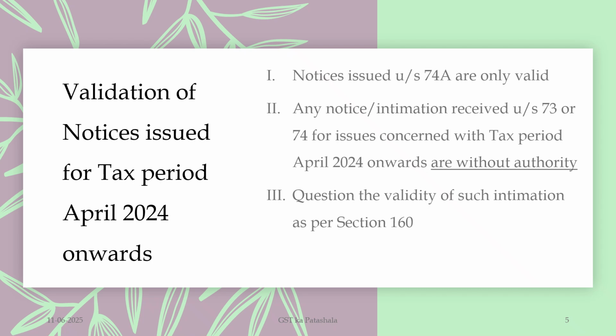Respond that this has been issued without authority, and thereby you are not bound to respond to any of the questions. If you don't respond, that may not be proper. Rather, you respond not in detail on his observations, but bring to his knowledge that this lacks authority under section 73 or 74 for the period April 24 onwards.